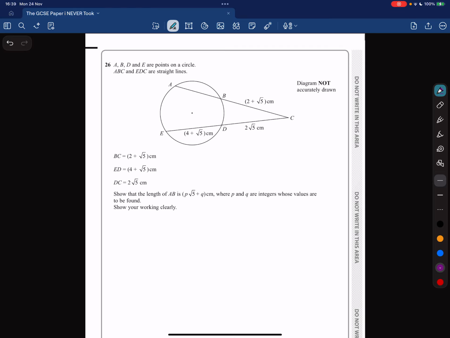A, B, D and E are points on a circle. A, B, C and E, D, C are straight lines.